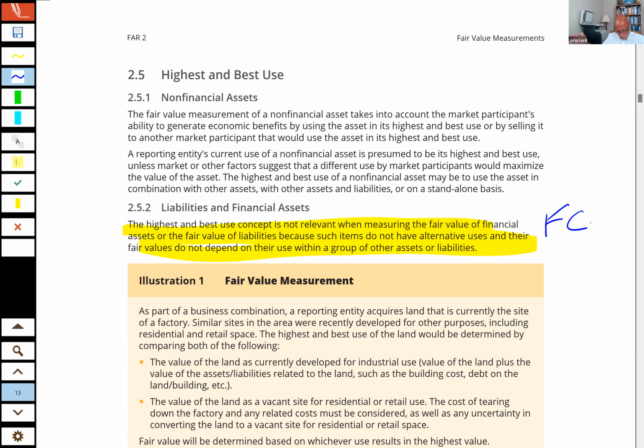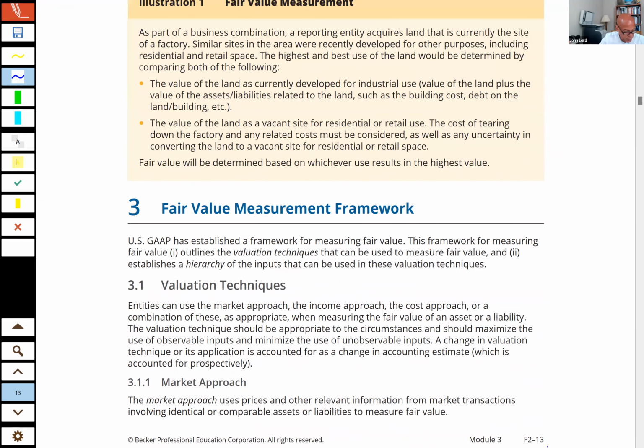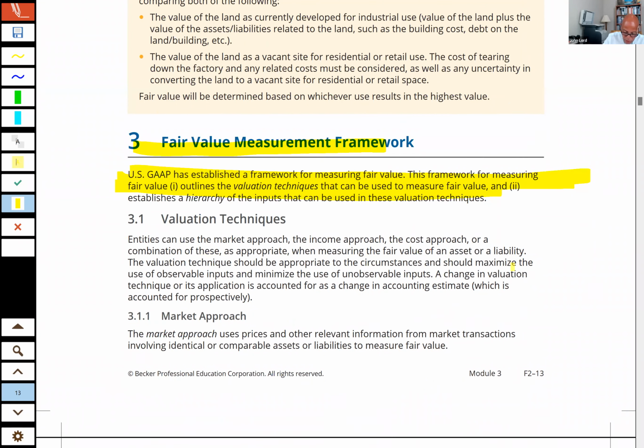Simple. Okay, now you come over and let's take a look at the fair value measurement framework. What FASB did some years back is they gave us a hierarchy for determining fair value. Let's take a look at the different approaches that we can use.